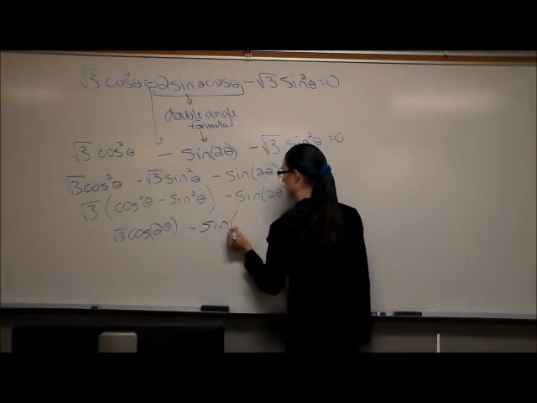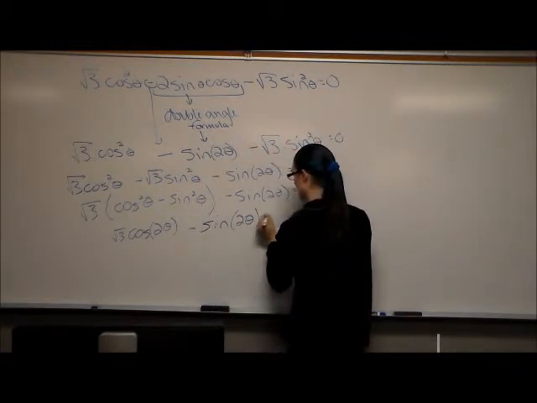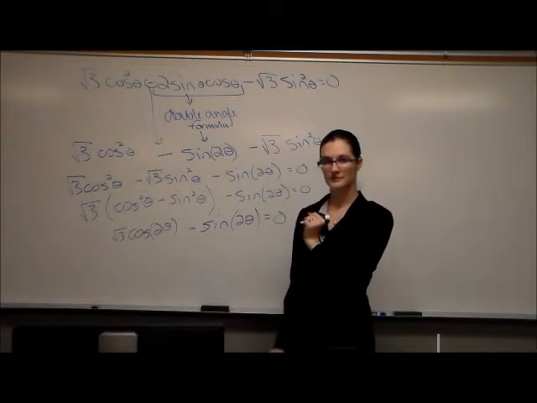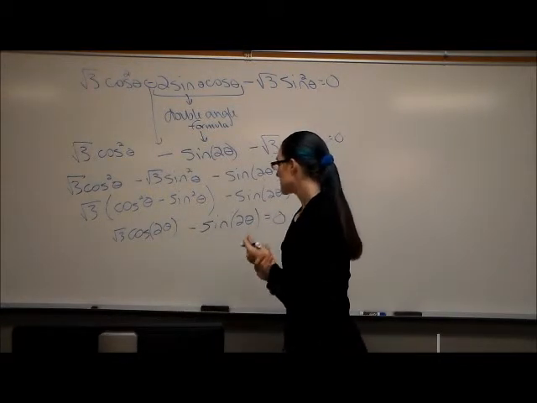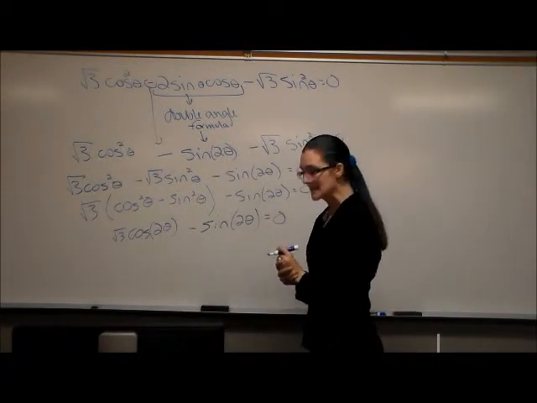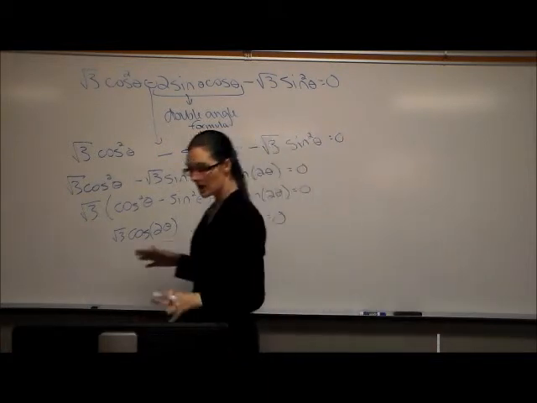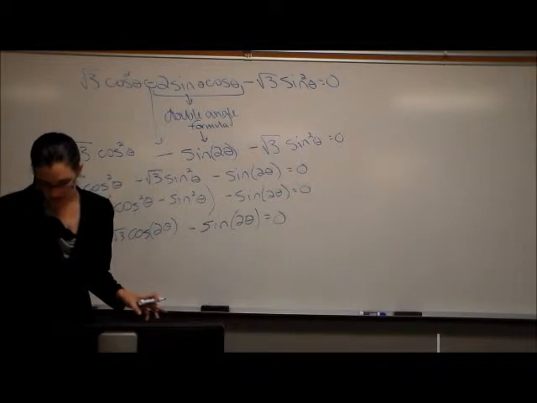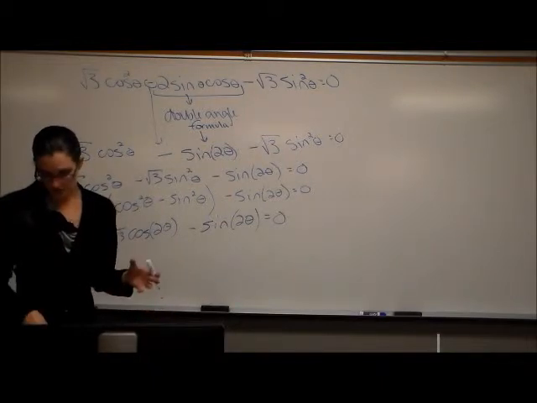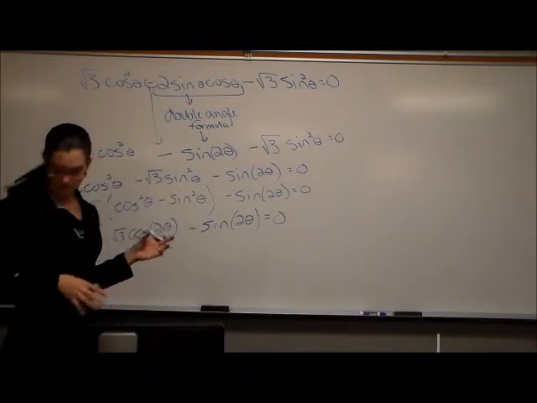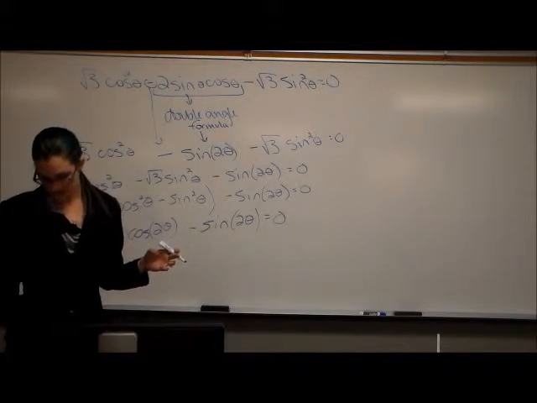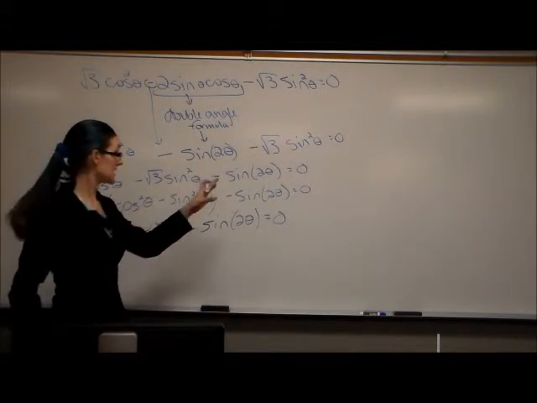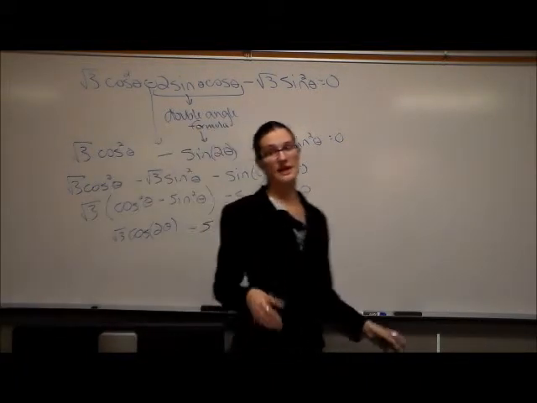So sine of 2 theta equals 0. Okay? So you have square root of 3 cosine of 2 theta minus sine of 2 theta, all equal to 0. So what we're going to do with that is we're going to take it and divide. I'm going to set it equal, move my sign to the other side, and set it equal.